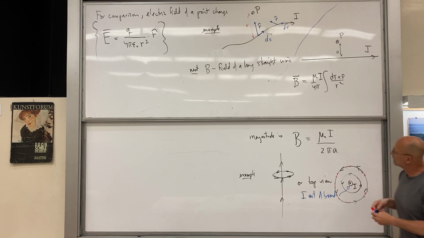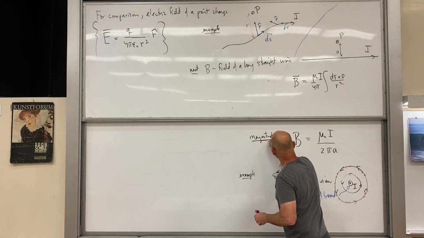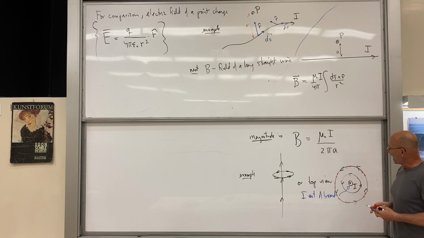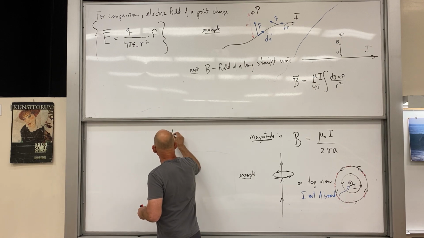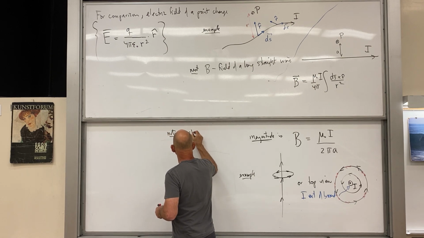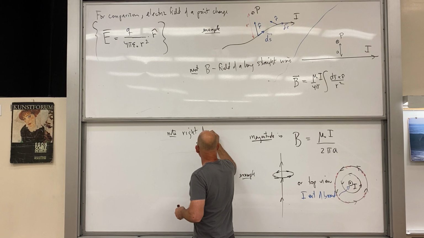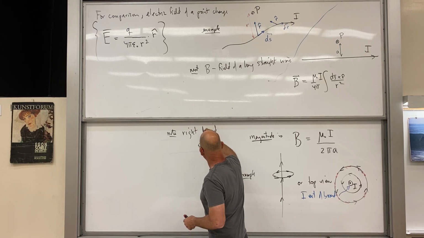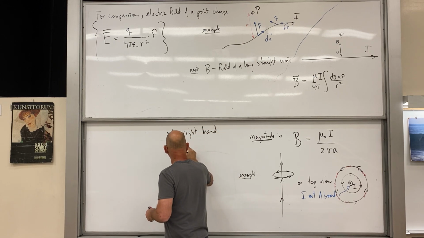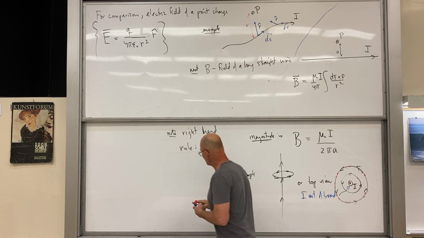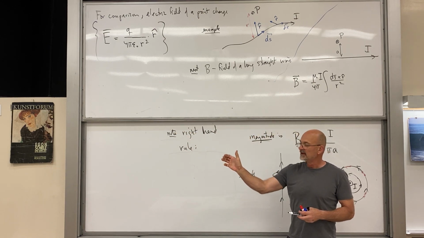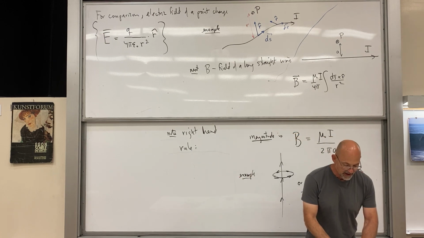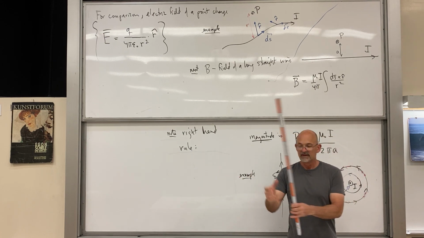So, yeah, this is a tremendously important result. And the way to remember this is with the right-hand rule. I almost forgot that. Note the right-hand rule, of which there are a lot when vector products are involved. The right-hand rule is that the current is your thumb, and you're grabbing a wire just like I'm grabbing this ruler here.